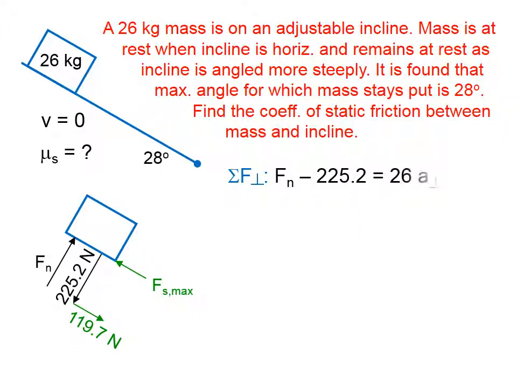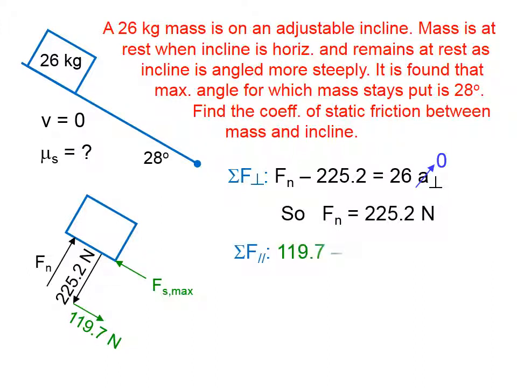If we sum the forces perpendicular to the surface, we get normal force minus 225.2 is equal to the mass of the object times the acceleration perpendicular to the surface, which is 0. So the normal force is 225.2 newtons.